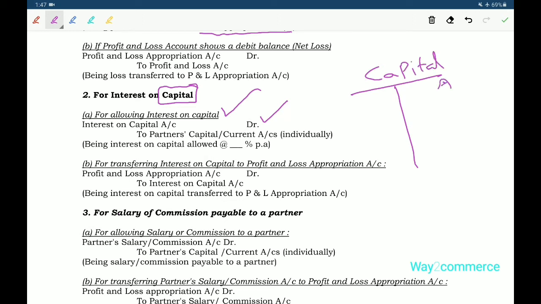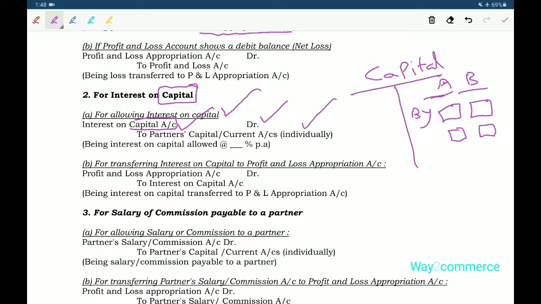So here A, B or X, Y, so partners capital accounts are credit amounts. So now we pay the interest on capital because we added to the capital accounts. That's why interest on capital account is debited first to partners capital account or current account, as the case may be.